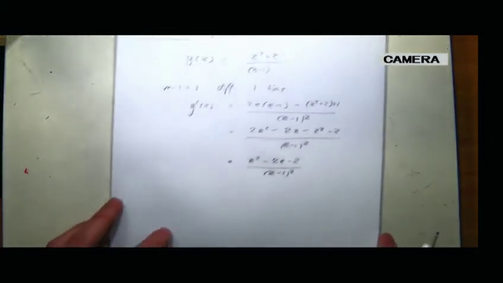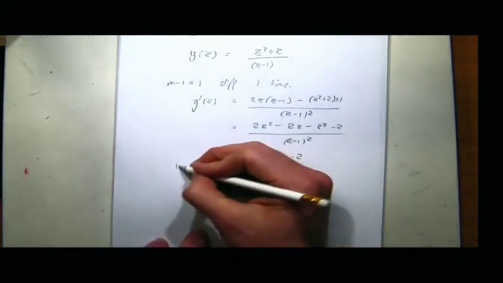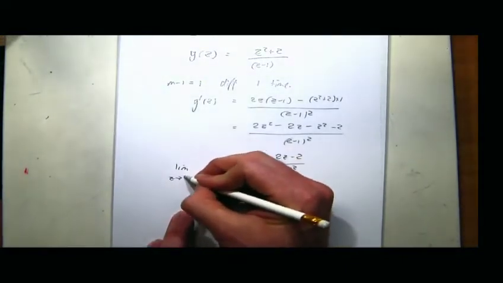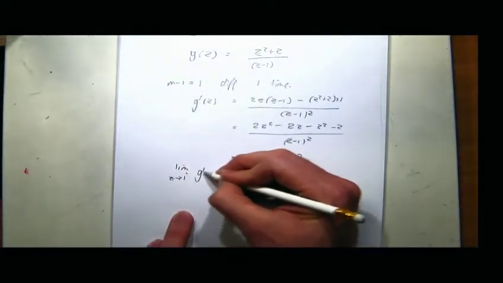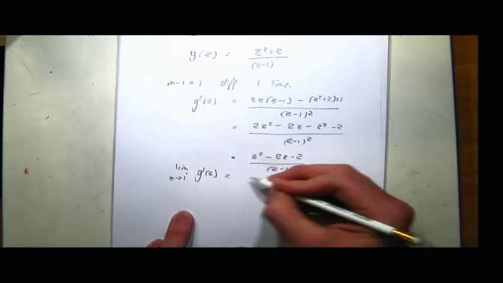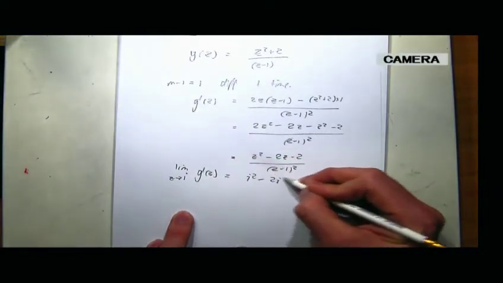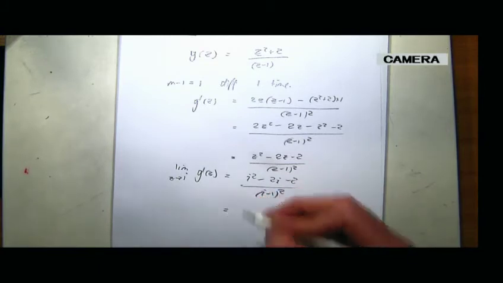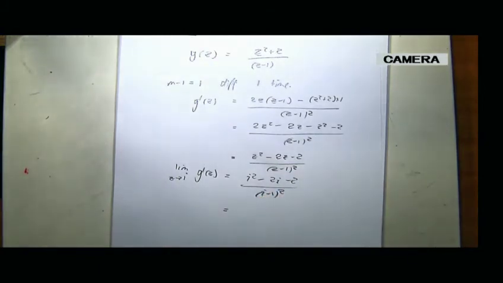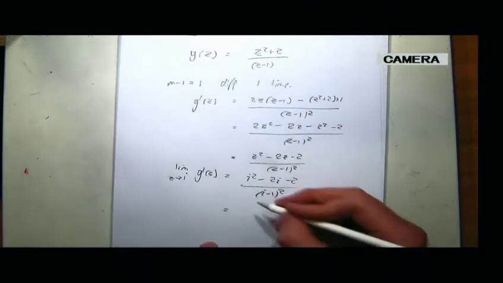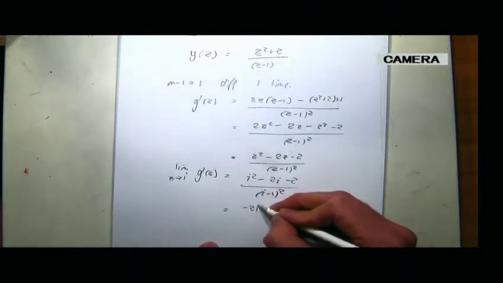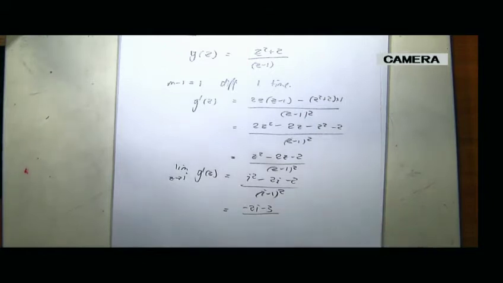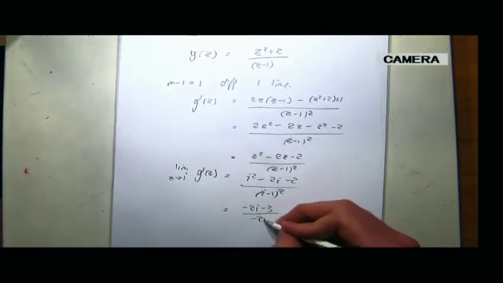Okay. And then I do the limit as z goes to i of g dash z, which is i squared minus 2i minus 2 over (i minus 1) squared. Minus 2i minus 3. Now 1 minus i squared was minus 2i, so this will be minus 2i as well.